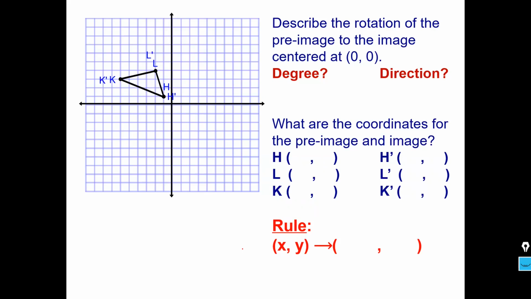This shows that the points are the same, which means xy has remained as xy. So this one is 360-degree rotation, either clockwise or counterclockwise.